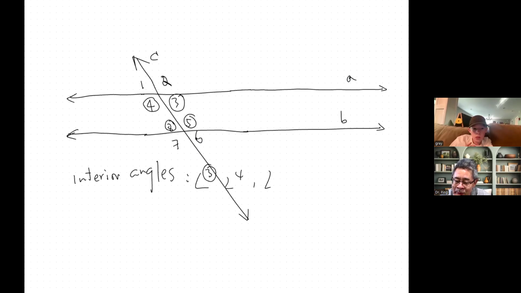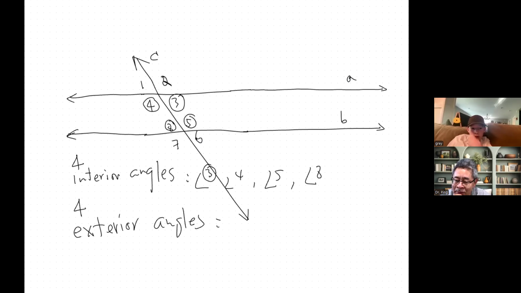Then we've got 4 interior angles, and we also have 4 exterior angles. We have 1, 2, 6, and 7.